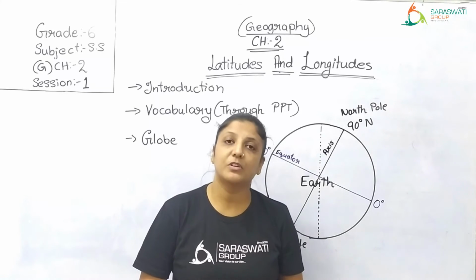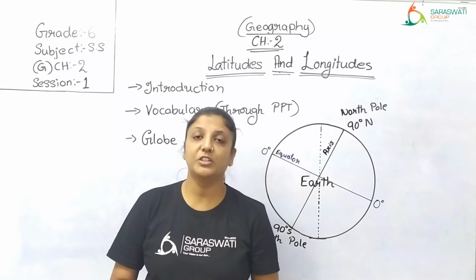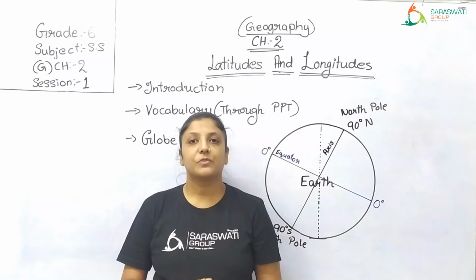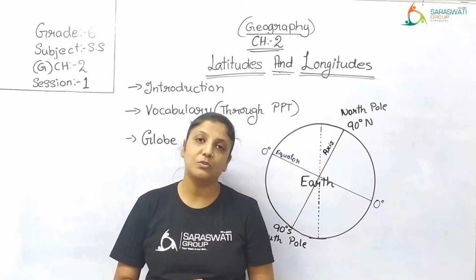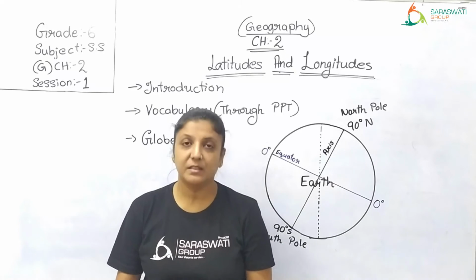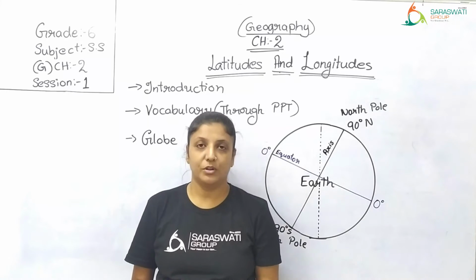There are some important latitudes and important longitudes. So, in this chapter, we are going to learn in detail about these topics. Right? So, let's begin the chapter, that is latitudes and longitudes.